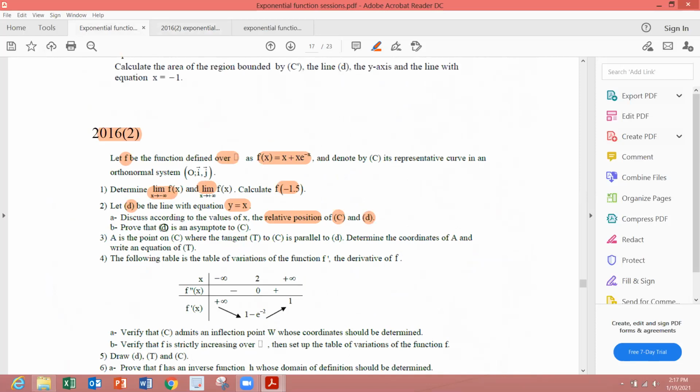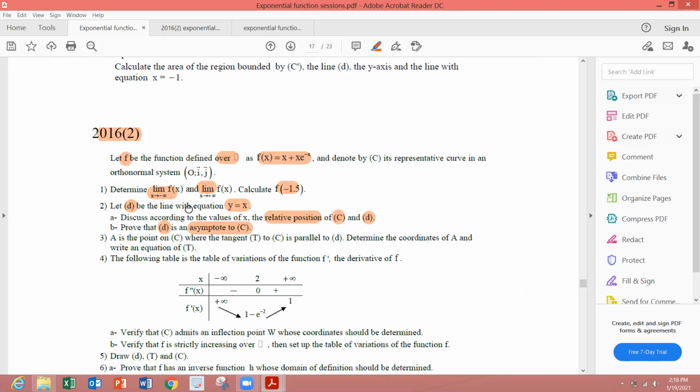Prove that D is an asymptote to C. How to prove the line D is an asymptote to C? We need f(x) minus y_D to equal 0, as x tends to plus infinity. We need to check here if it is plus infinity or minus infinity.